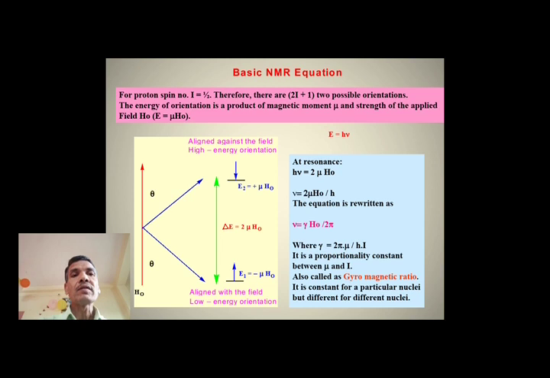This equation can be rewritten as frequency nu equal to gyromagnetic ratio rho into H0 divided by 2 pi, where rho is equal to 2 pi mu upon h into I. It is a proportionality constant between magnetic moment mu and I. Therefore, it is also called the gyromagnetic ratio.